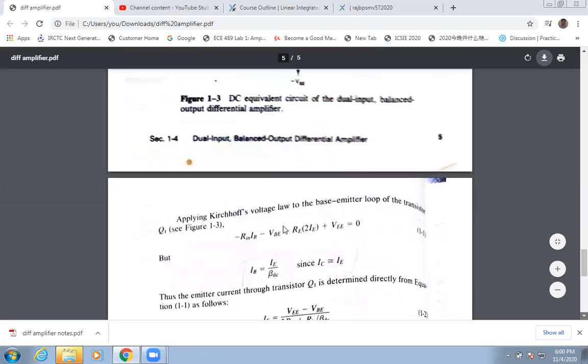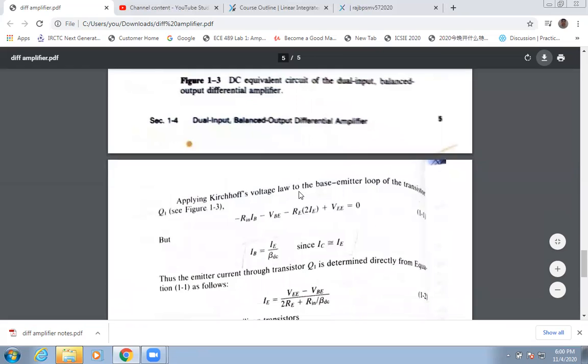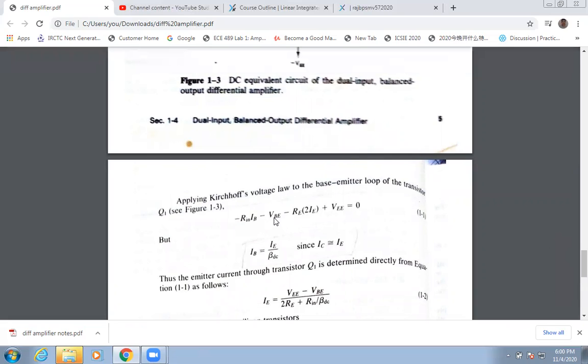Now we will apply Kirchhoff's voltage law to the base emitter loop of the transistor Q1. Minus Rin IB minus base emitter voltage minus RE times 2IE plus VEE is equal to 0.